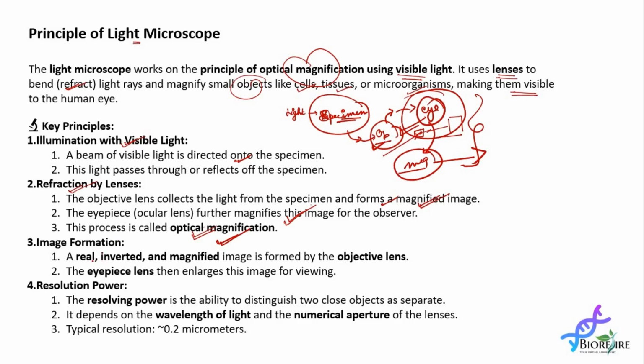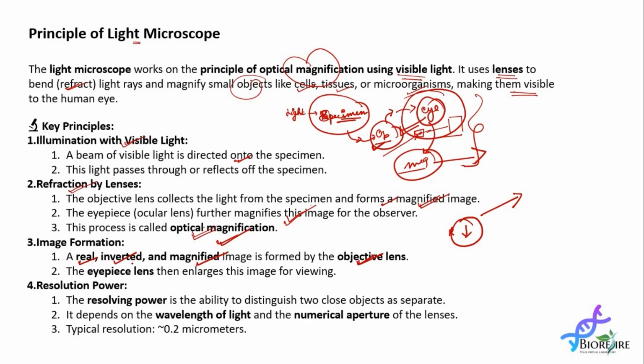Image formation: a real, inverted and magnified image is formed by the objective lens. Then the eyepiece lens again enlarges this image, and then we easily visualize the large image.